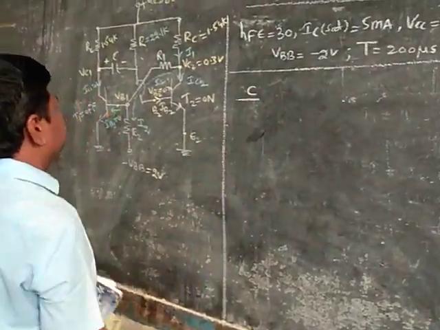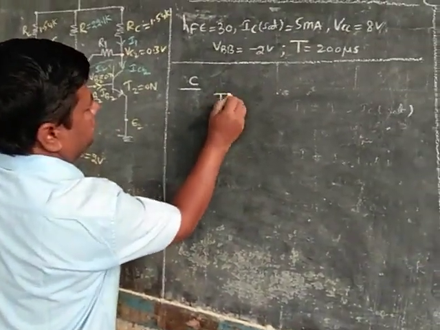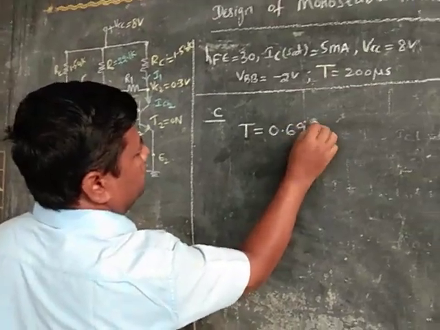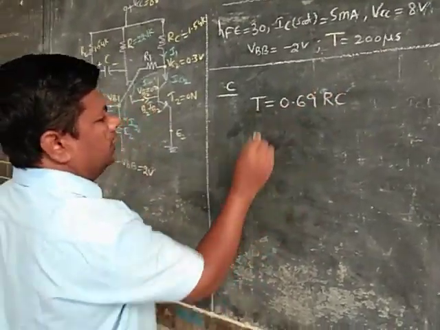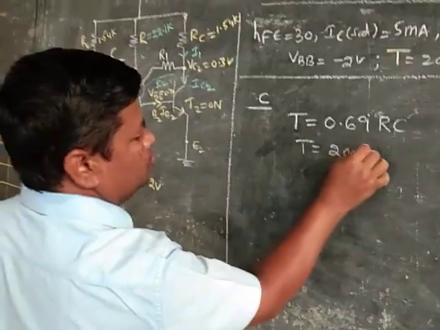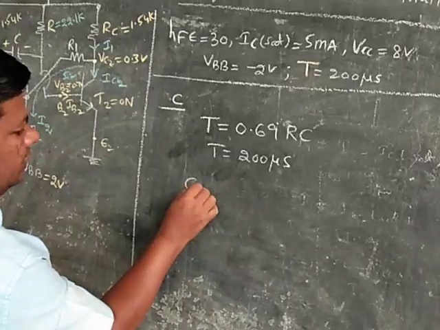Find C value. Already you know that last class we derived the expression T is equal to 0.69 RC. The T value given in the specification is 200 microseconds. From that calculate the C value.